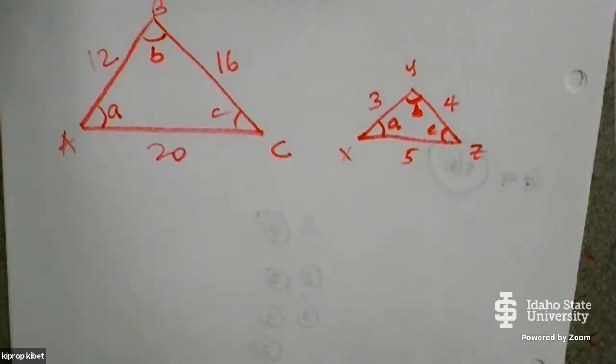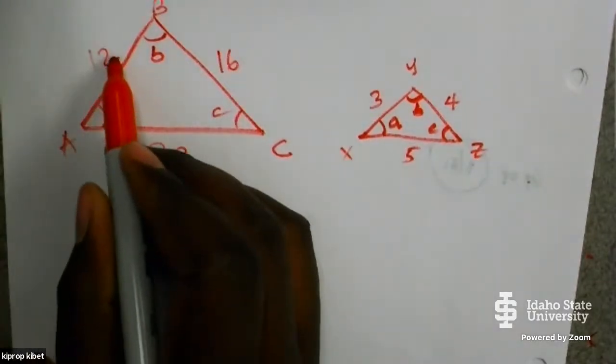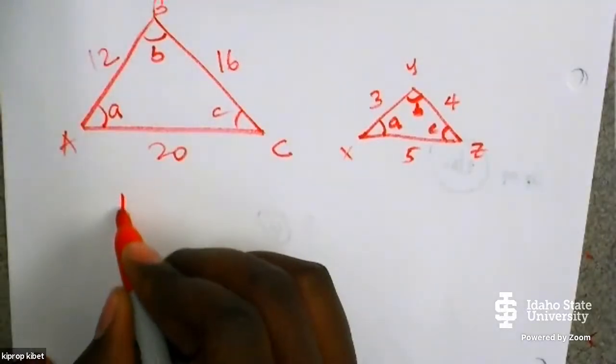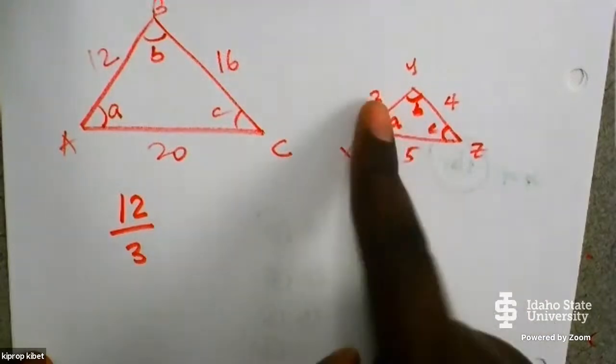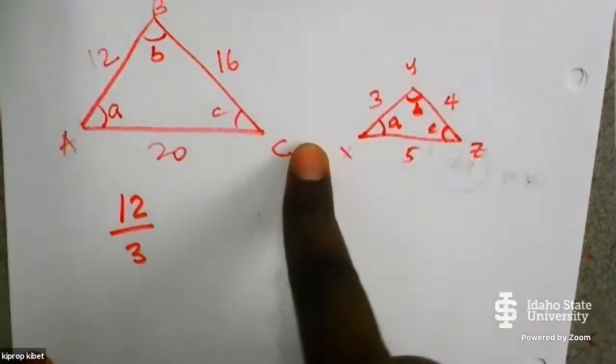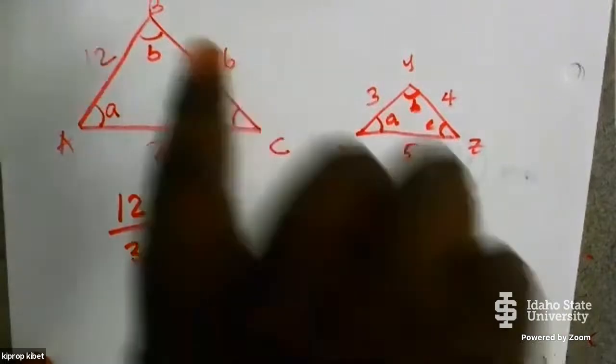Now, the ratios of the sides are the same. So if we take this side, it will be the ratio of 12 is to 3, which is this and this, equals to what?